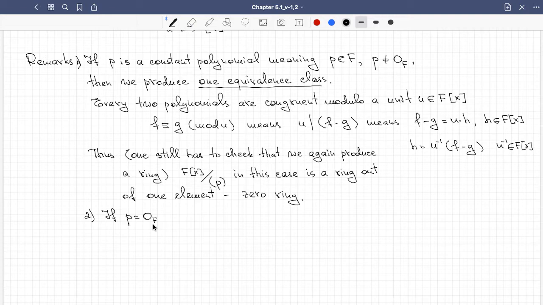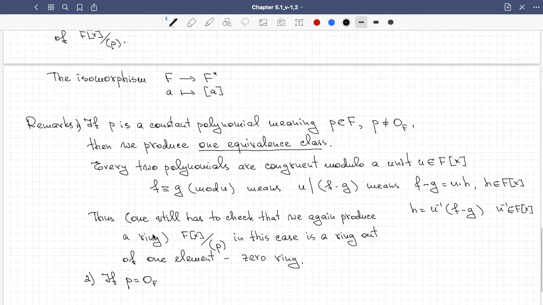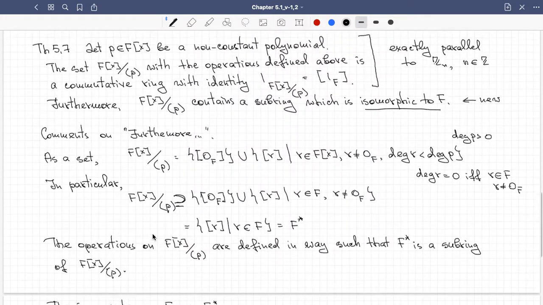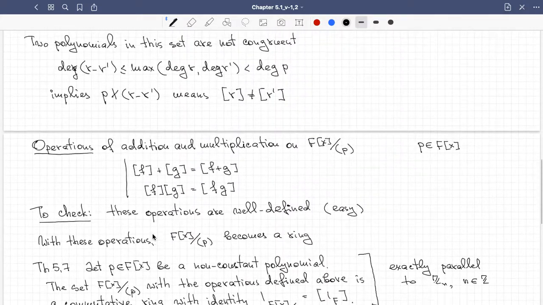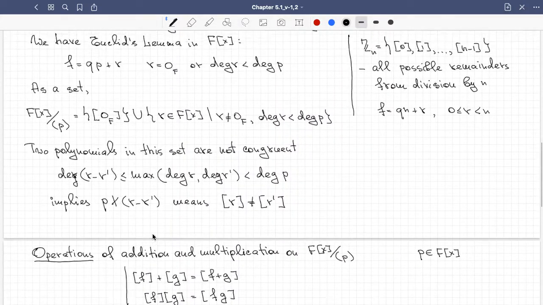Of course, we cannot speak about remainders from division. There is no division by 0. But we still can speak about congruences in a sense.